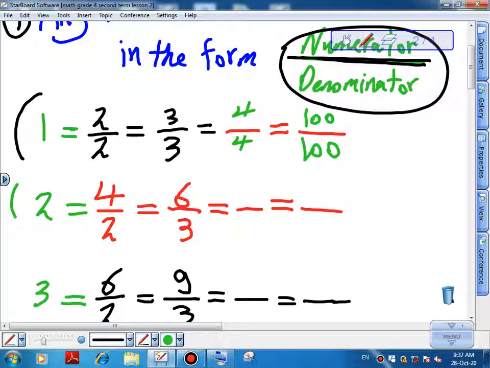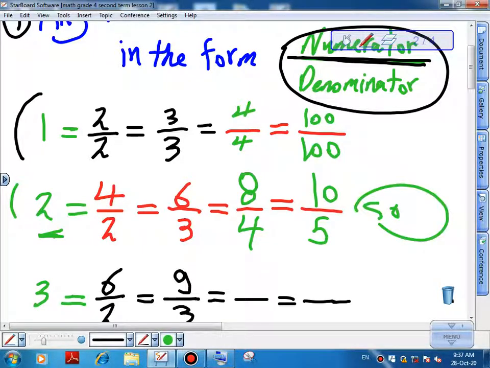Another one, 6 divided by 3, or 6 over 3, equals 2. Then 8 divided by 4 equals 2, and 10 divided by 5 equals 2. There are many forms to get this type, numerator over denominator.